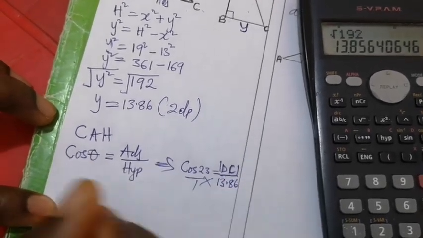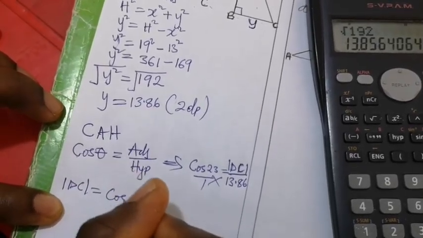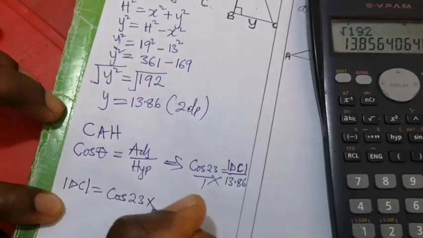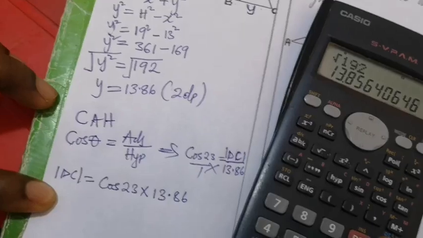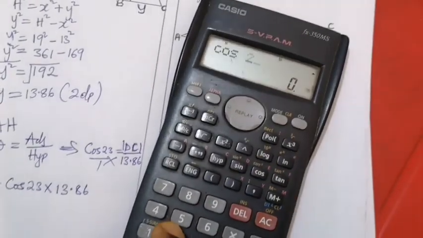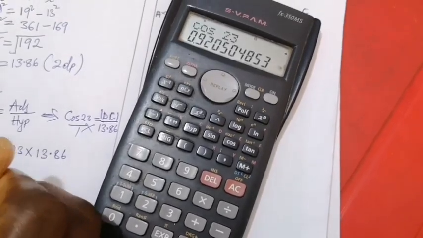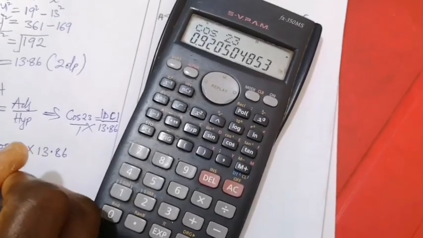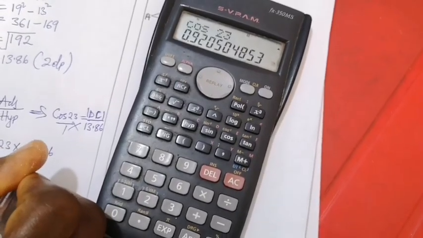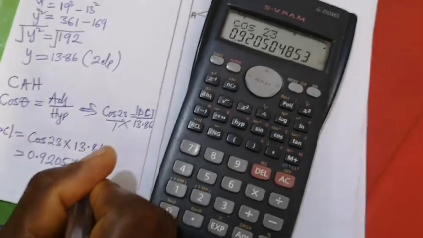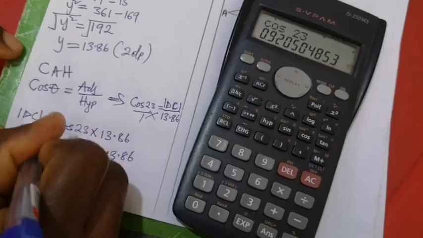Okay, so we will now cross multiply to make DC the subject of the equation. So if we do that, it will give us line DC is equal to cos 23 times 13.86. Okay, so cos 23 is equal to 0.9205, then times 13.86. Okay, this is our line DC.